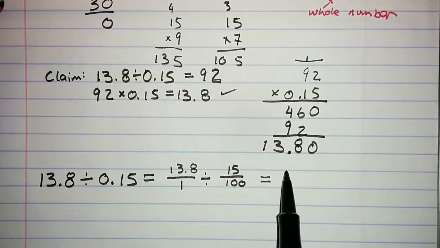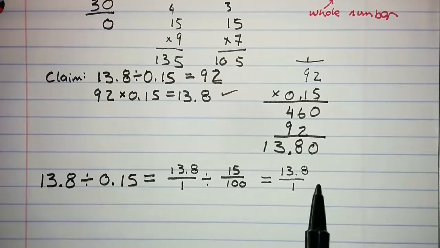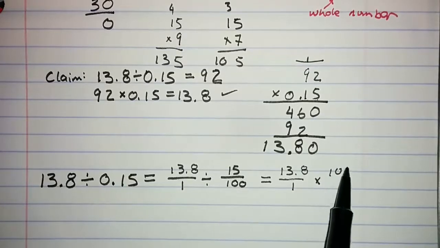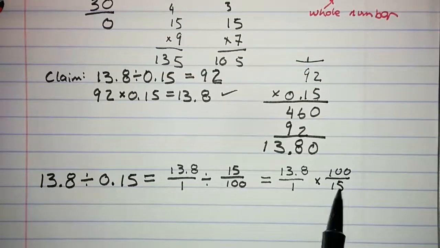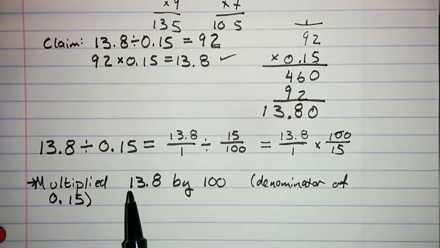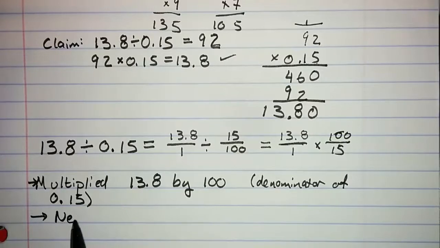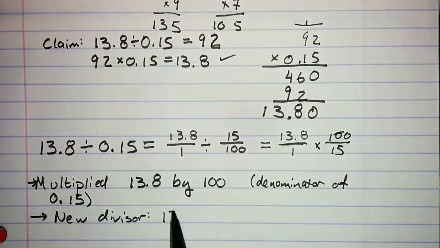Then rewrote as multiplication, 13.8 over 1 times 100 over 15. So what did we end up doing? Multiplied 13.8 by 100. Why 100? That's the denominator of 0.15. And then the new divisor was just 15.